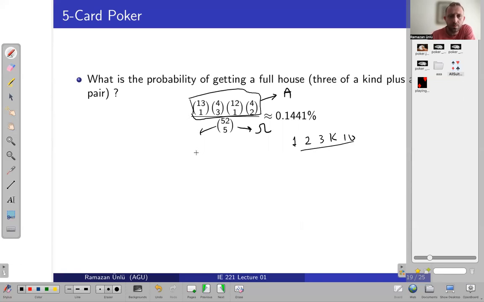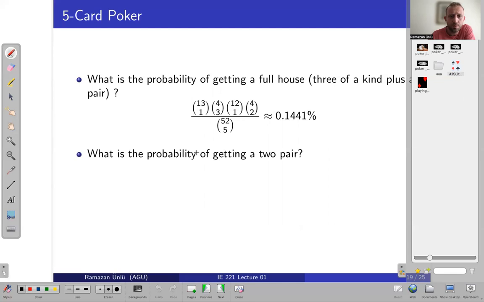Let me show you another question. What is the probability of getting a 2 pair? This time, you will choose 5 cards, and one will be a pair, another will be a pair, and the last can be any other card.